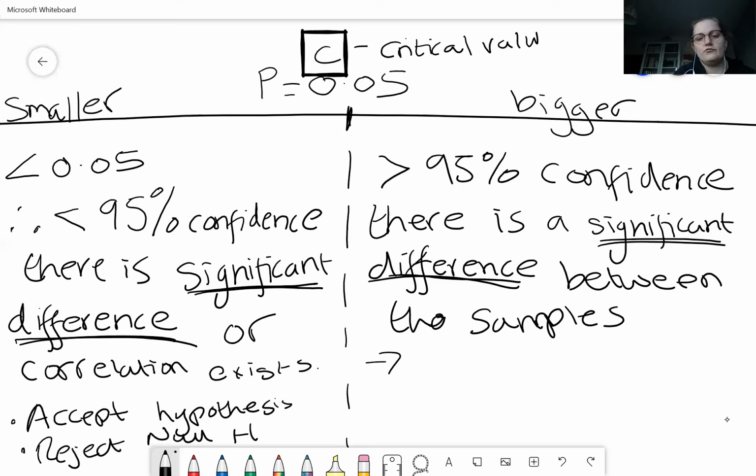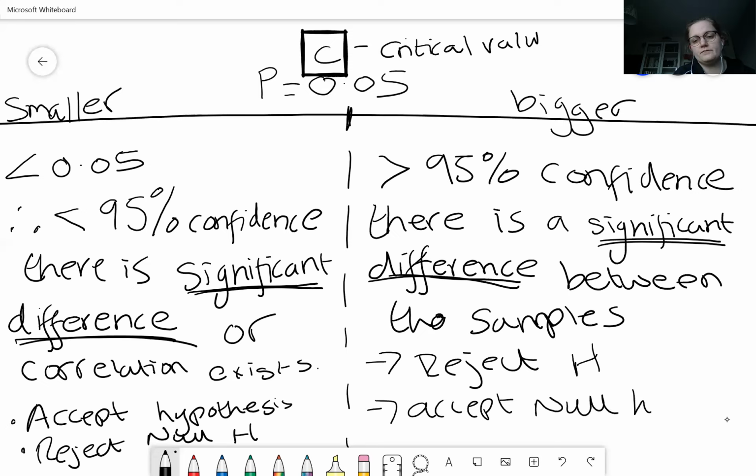So then we would reject the hypothesis and accept null. So that's the rough idea of what we do with p-values.